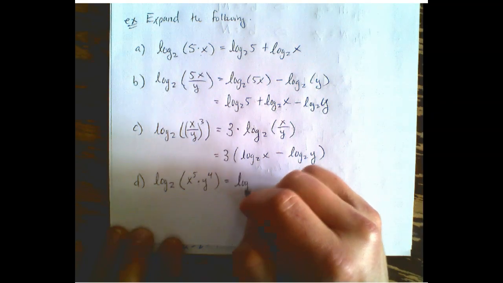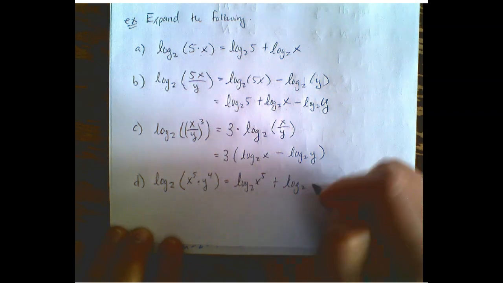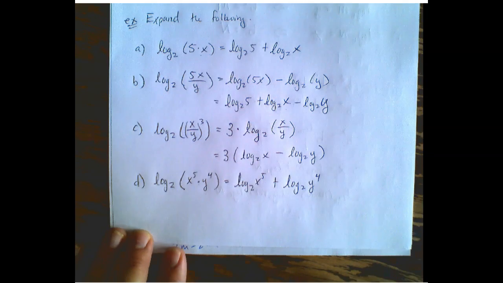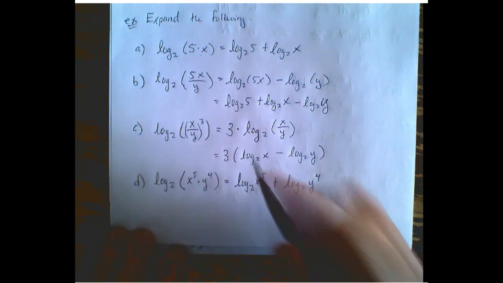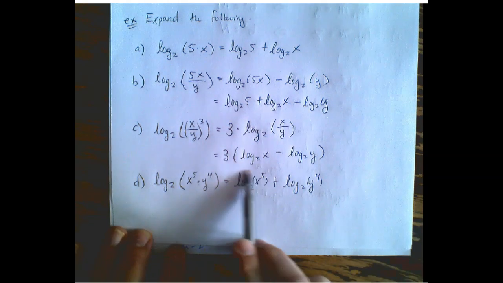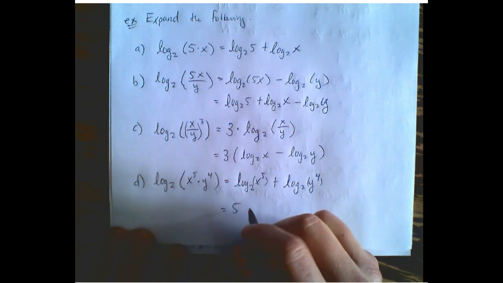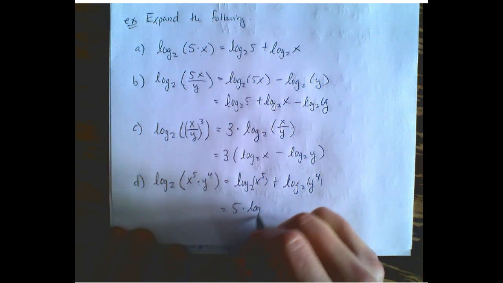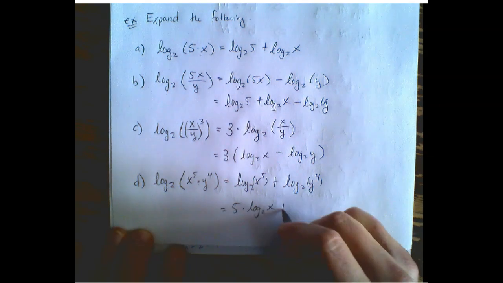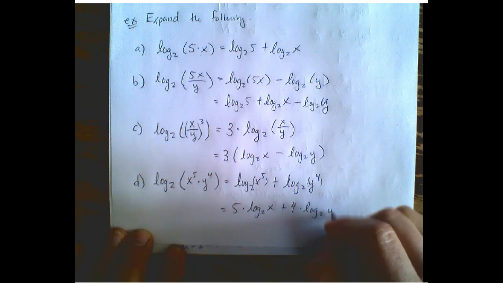So log base 2 of x to the 5th plus log base 2 of y to the 4th. And now, since we have log base 2 of something to a power in each case, we can pull those powers out to the front of their logs. So 5 times log base 2 of x plus 4 times log base 2 of y.